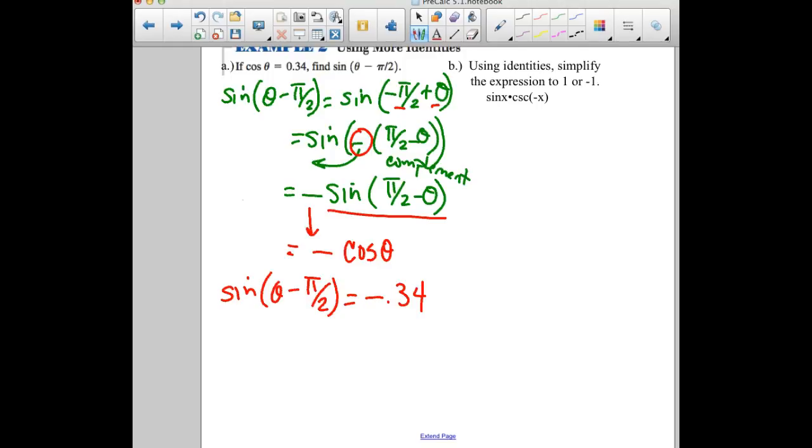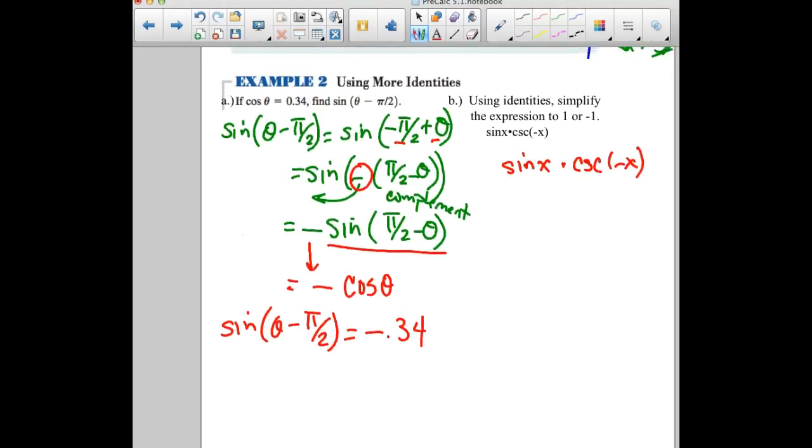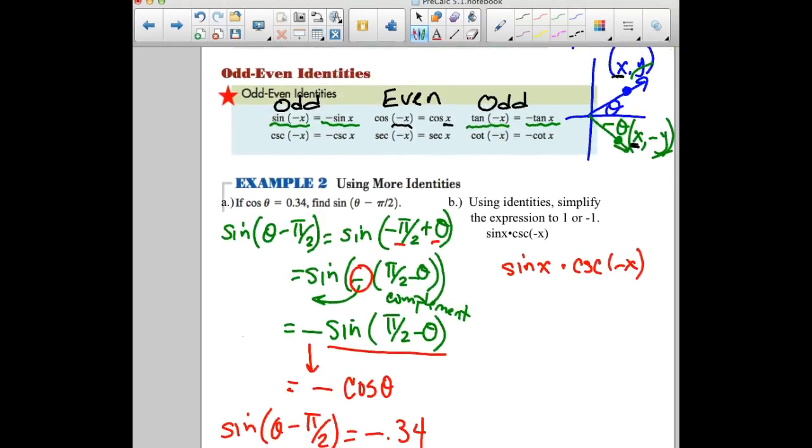All right, the second part says using identities, simplify the expression to 1 or negative 1. All right, so we're starting out with the sine of x times the cosecant of negative x. Well, let's go back up here. The cosecant of negative x is the negative cosecant of x.